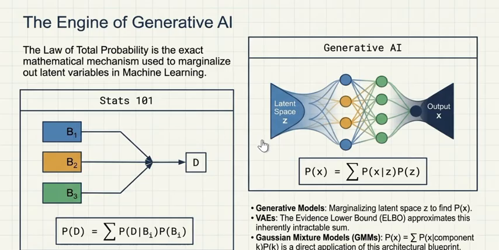Mixture models also use this: Gaussian mixture models are a direct application of the law of total probability. And one more topic, coming up in topic 15, is total expectation, the expectation version of LTP, which is used constantly in ML analysis.